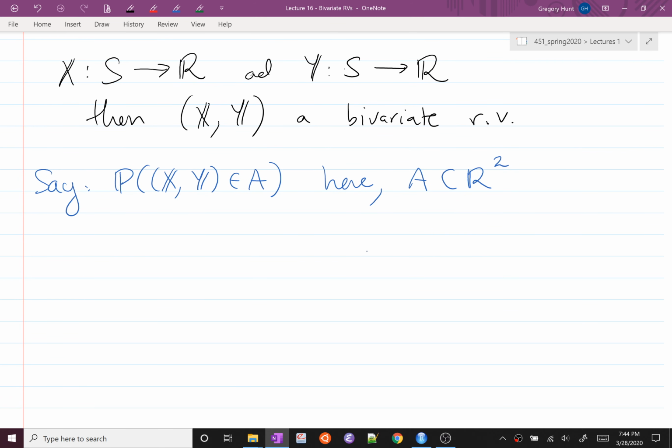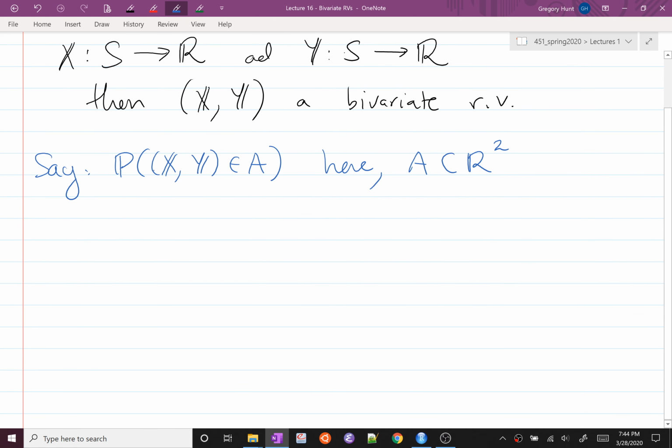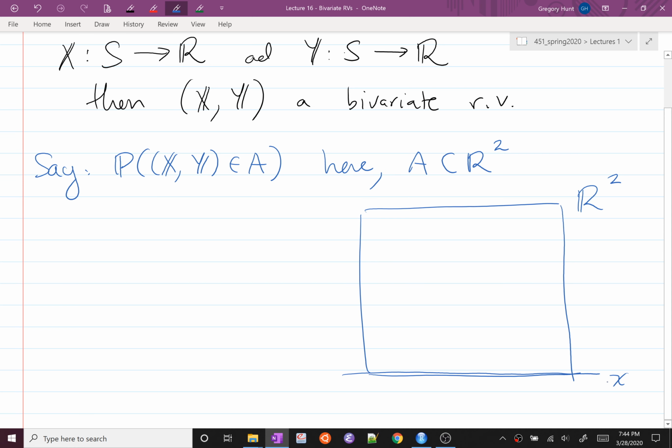And what we mean when we say x comma y is in a set A is, if I have a picture of, say, R2, here's R2. This is my x-axis, and this is my y-axis.